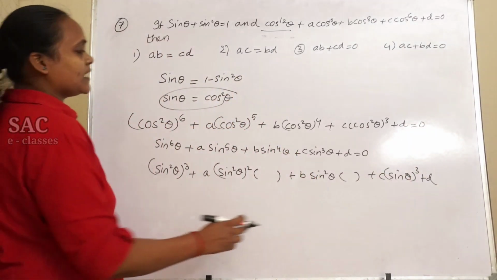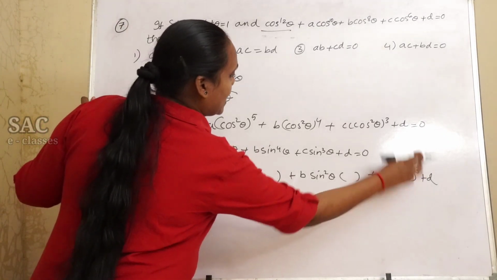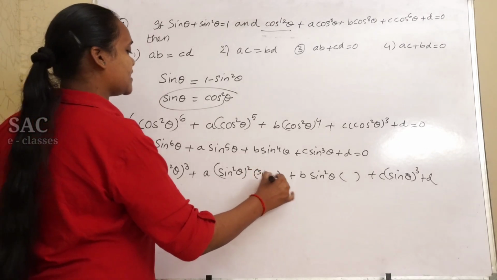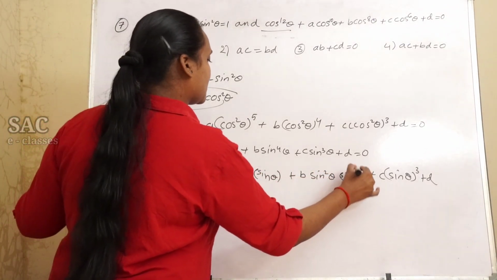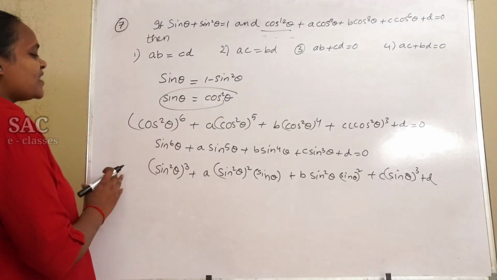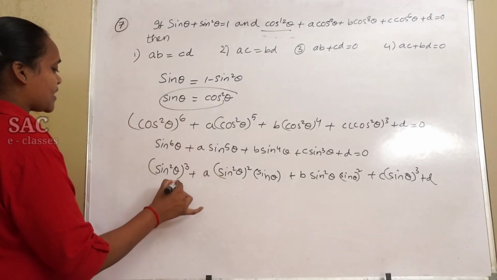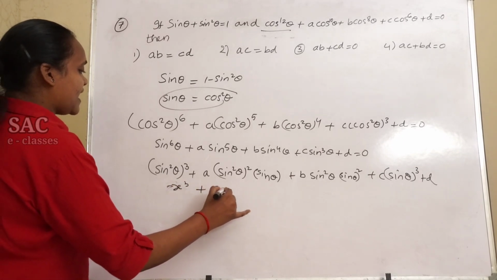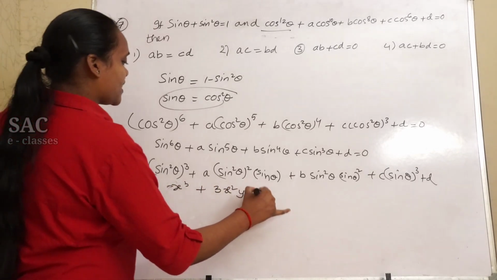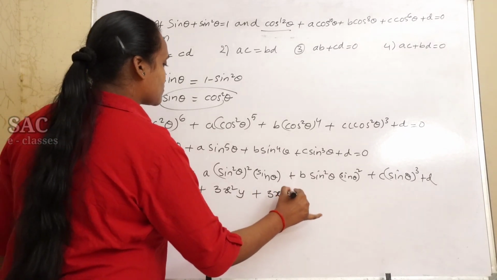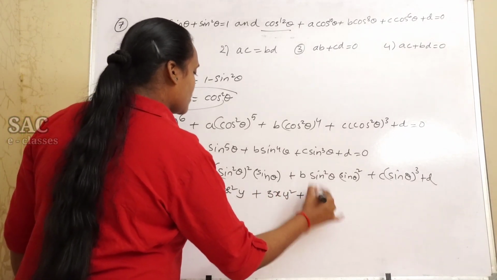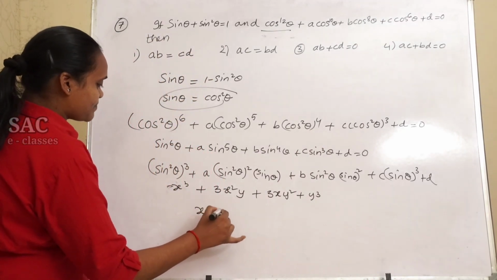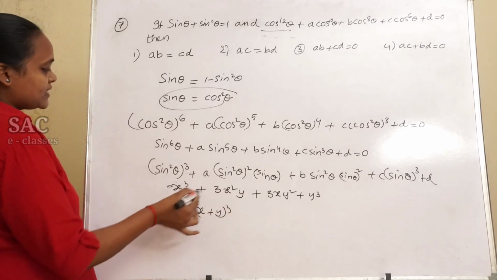One thing is clear, it is looking like (sin theta) whole cube, and here I can write sin theta, here (sin theta) whole square. By observing this total, it is looking like x cube plus 3x square y plus 3xy square plus y cube, nothing but x plus y whole cube expanded.